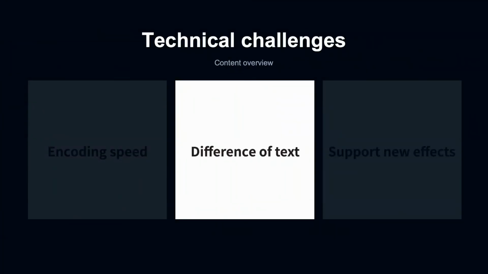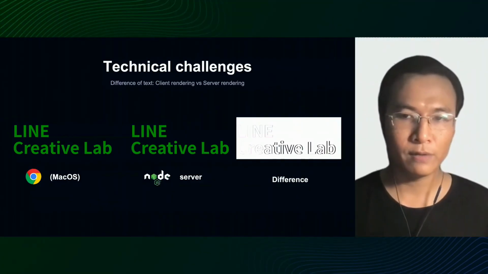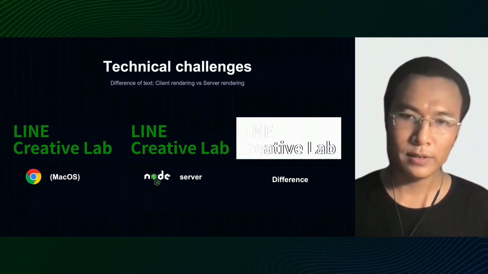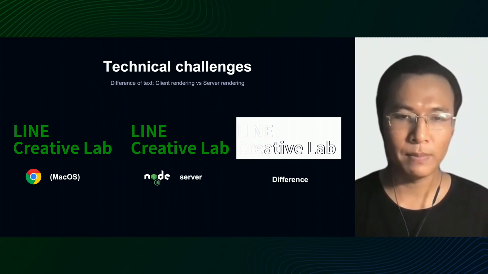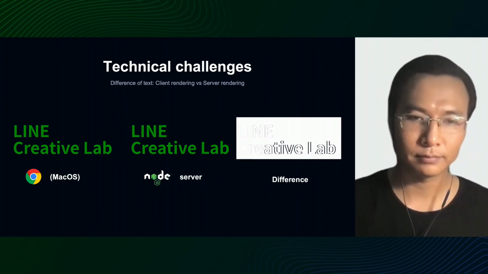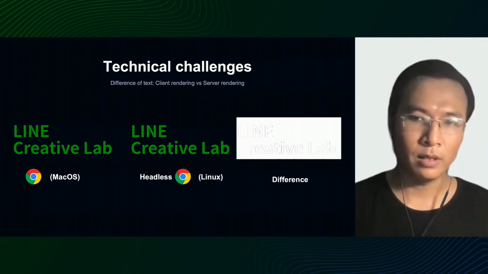Another technical challenge we face is the difference in text drawing results between browser and server. Comparing client and server drawing results, we notice that there is a subtle difference in text drawing, as each platform uses a different text drawing API. We also notice something else.